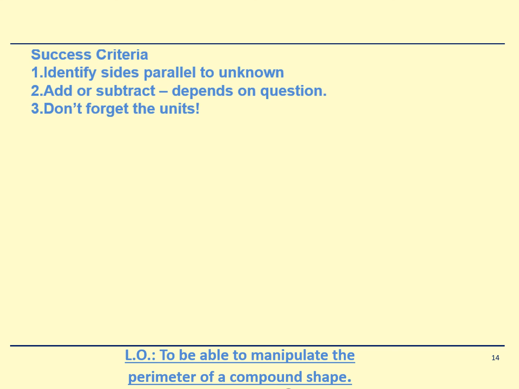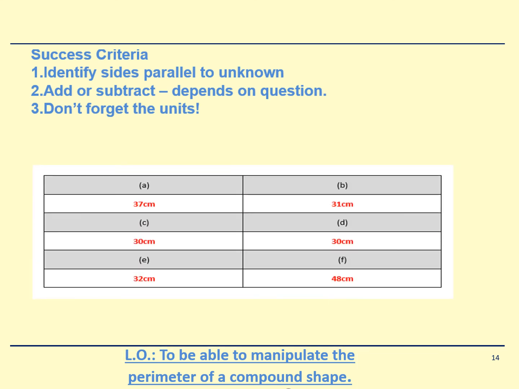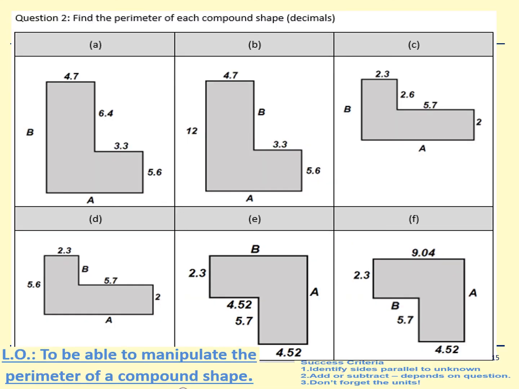And here are the answers. Mark your own work. If you have all 6 of them correct, well done. You know how to manipulate the perimeter of a compound shape. On the next slide, you will find a little bit more challenging examples with decimal numbers. So here you have another 6 questions.